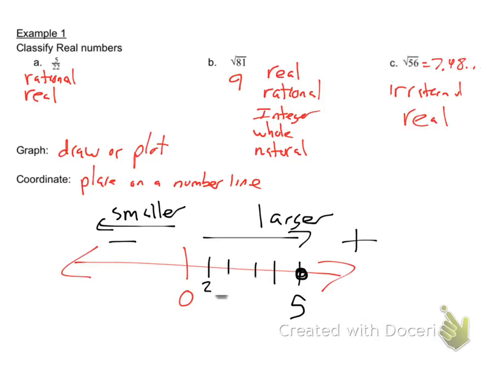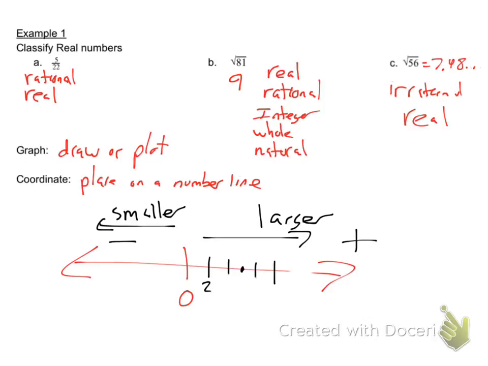Then obviously this would not be 5. 5 would have to be here, right? Because I'm going by 2s. So, however you make your scale, you need to tell us. If you don't tell us, we default and say every tick mark is 1.